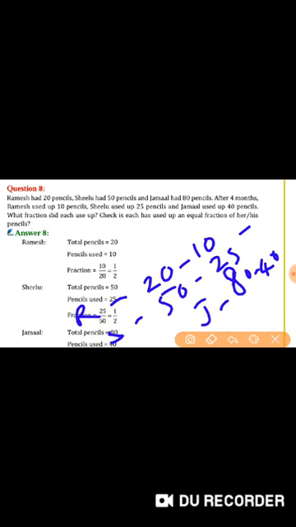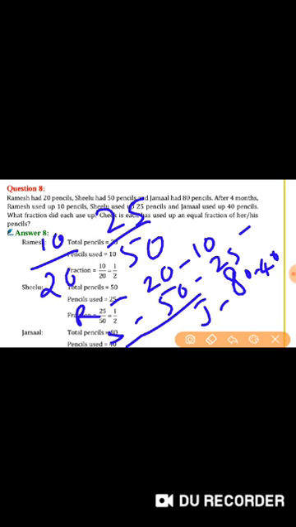What fraction did each use up? Ramesh used 10 out of 20. Here Sheelu used 25 out of 50. And Jamal 40 out of 80. Check whether each has used up an equal fraction of their pencils.